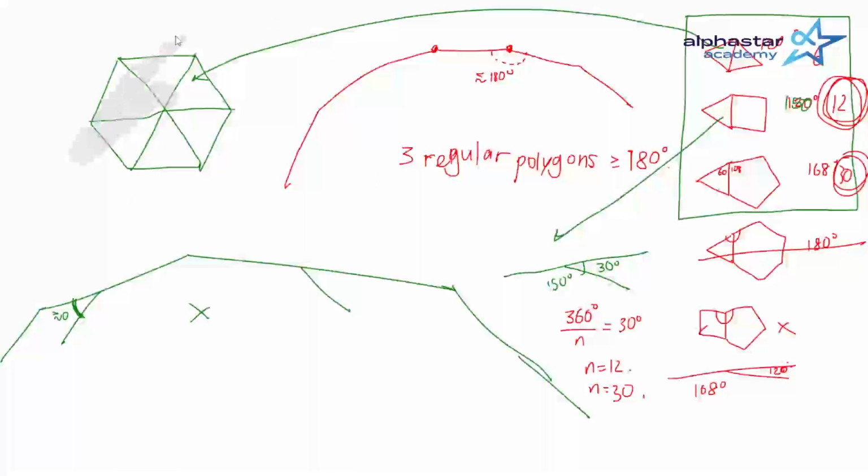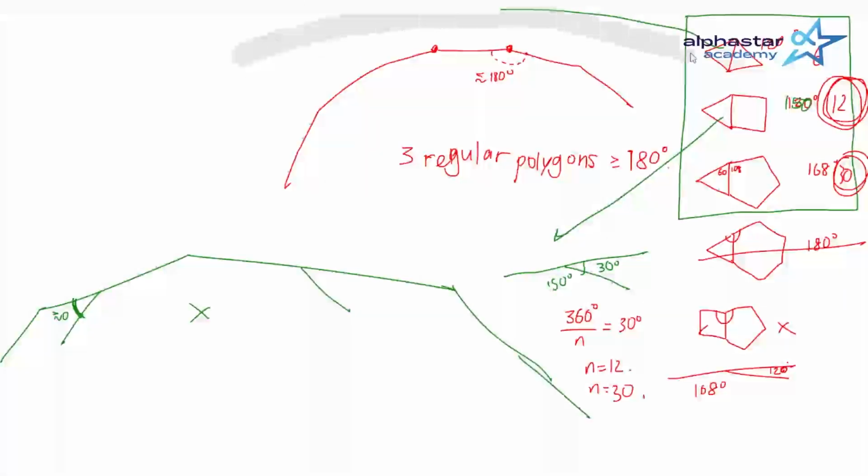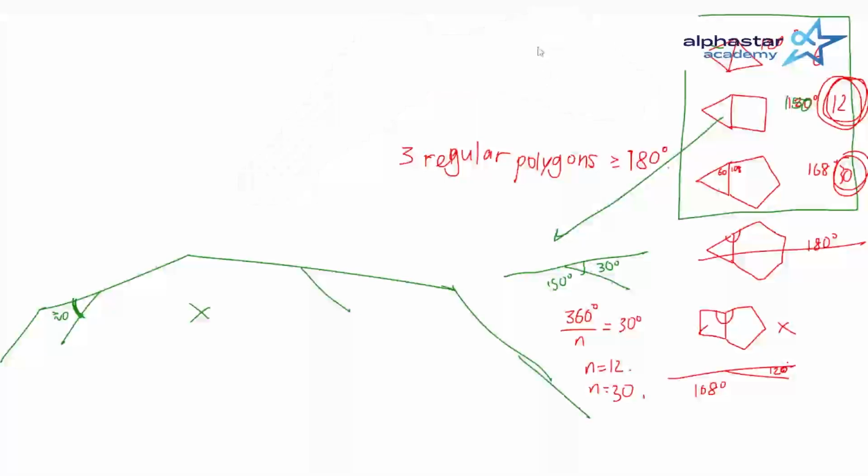So let's just quickly erase some of this so we have more room to work. Alright. So let's first consider the 12-gon. The 12-gon looks as follows. We know that every corner has to contain exactly one of each of a triangle and a square.